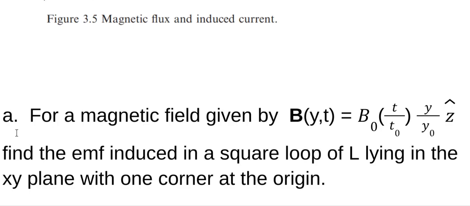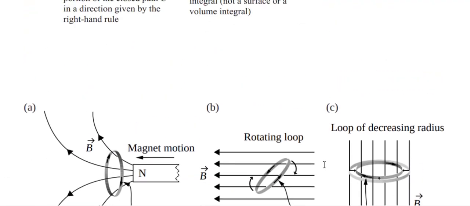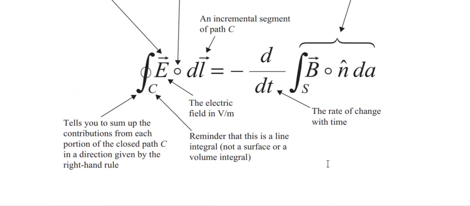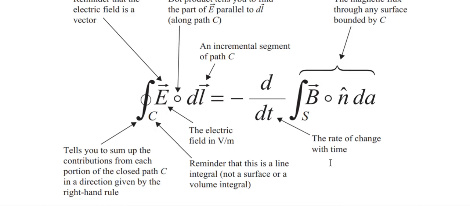Okay, he said for a magnetic field given by this equation, and notice here he's got a z hat, that's important, find the EMF, electromotive force, induced in a square loop of side L lying in the XY plane with one corner at the origin. Now, these old equations like this, unfortunately, you run into this all the time.